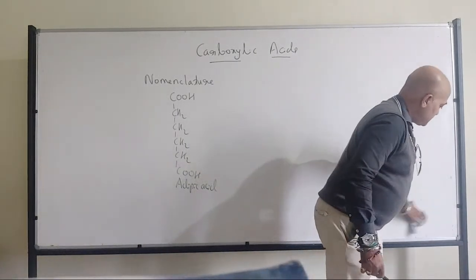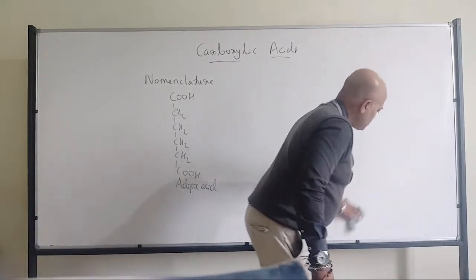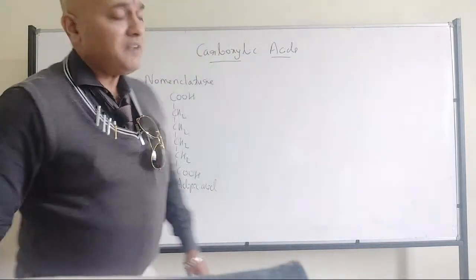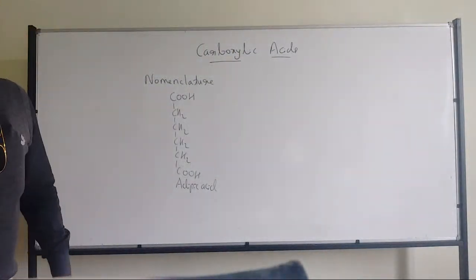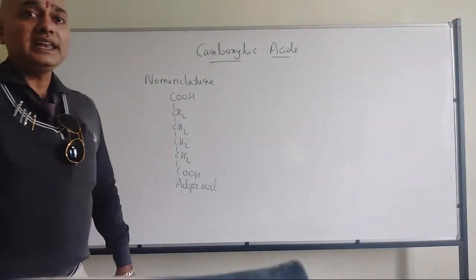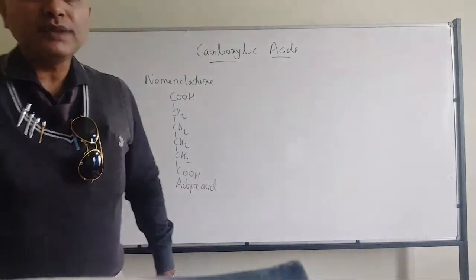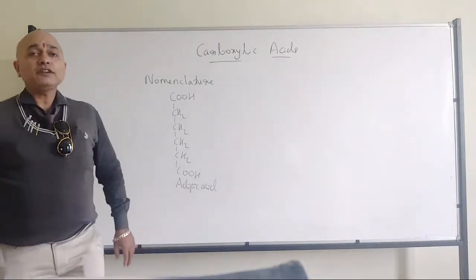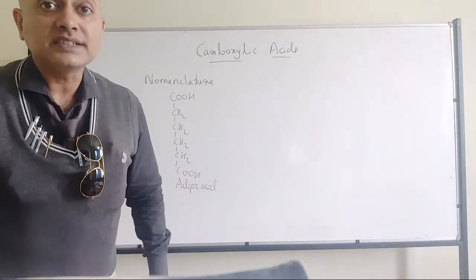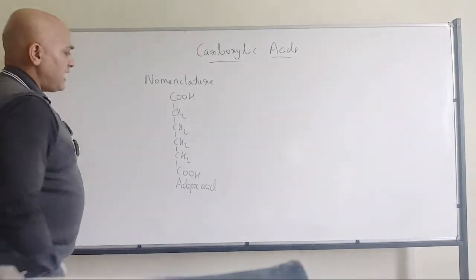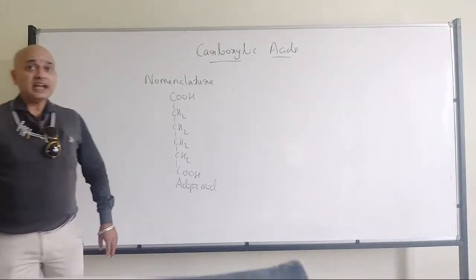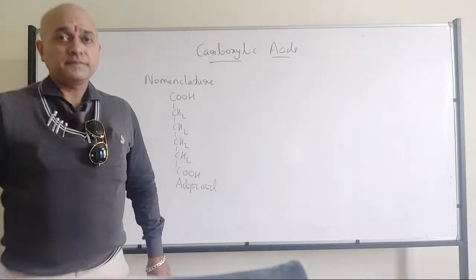These are the tissues which have the capacity to store fats. Same way, adipic acid is majorly found in animal fat. Adipose means animal fat. Yes, Sanjana, fat storage tissue. So based on that, they have kept the common name as adipic acid.